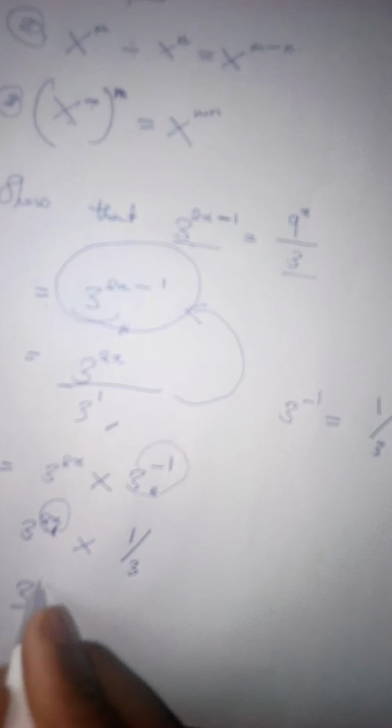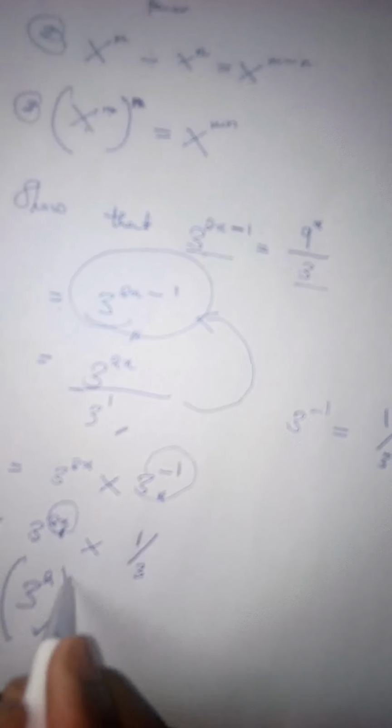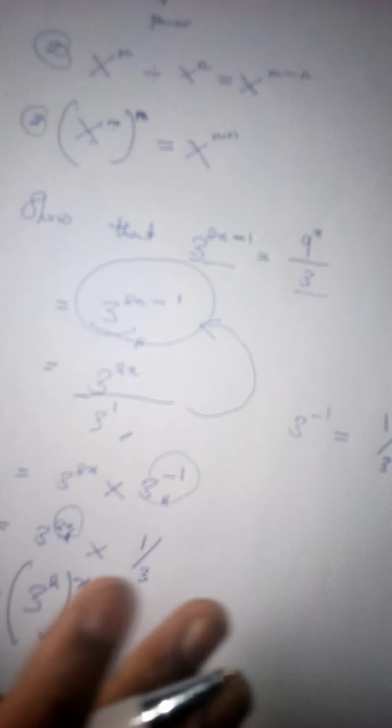So we are going to substitute 1 over 3. Since we have 3 raised to the power 2x, it's the same as 3 squared raised to x.